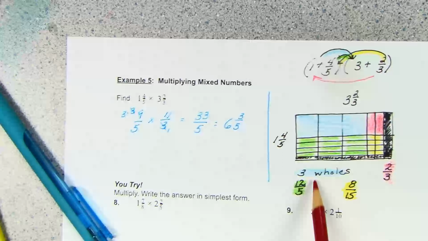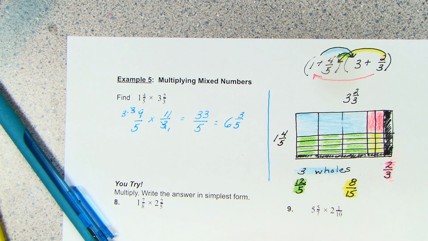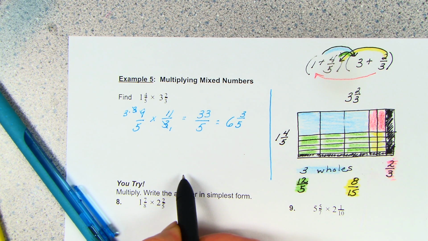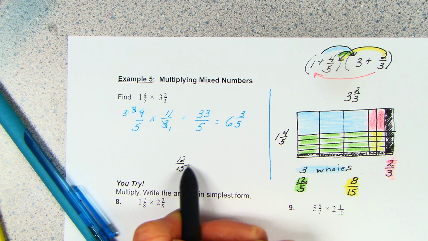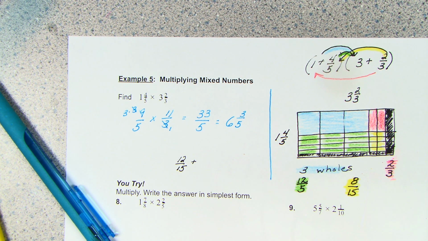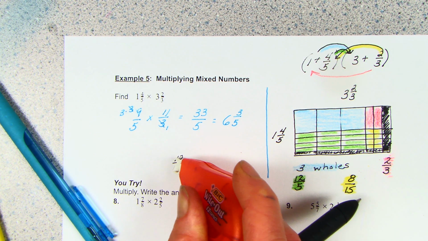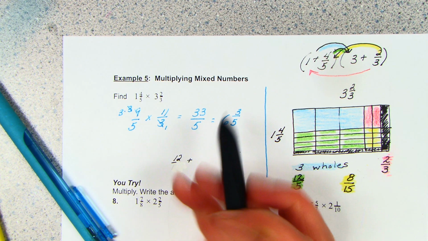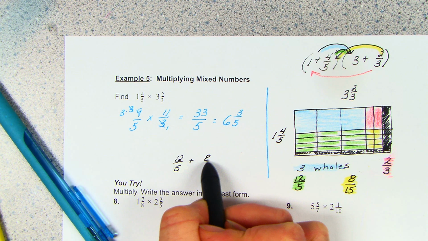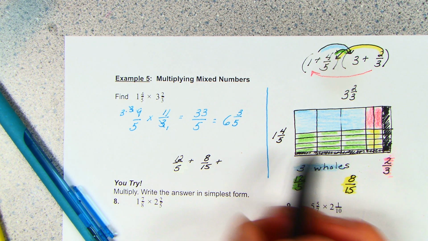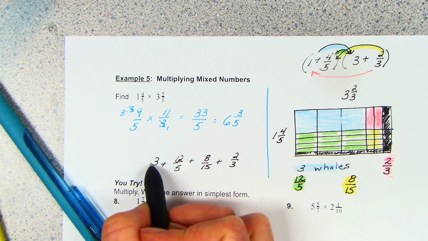And then if we took all of our parts, should we do that? I bet we can, because I can use a denominator of 15. So let's do, let's see, 12 fifths plus 8 15ths plus 2 thirds plus the 3 wholes.